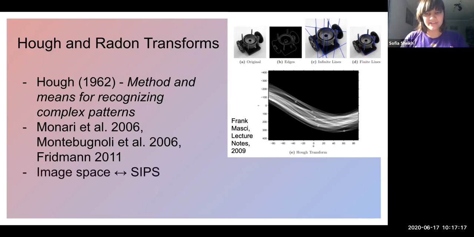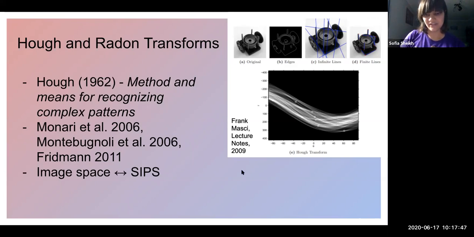The way it works, I don't think I'll go into this too much, but it takes your image and converts it into a slope-intercept parameter space, or SIPS, which is literally just a grid of different slopes and different intercepts of lines that could be going through your image. Then it checks each one and sees which of the possible lines that it's guessing contain the most power.